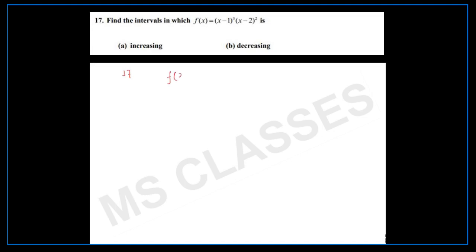F of x equals (x minus 1) whole cube into (x minus 2) whole square, which is a polynomial function of degree 5.